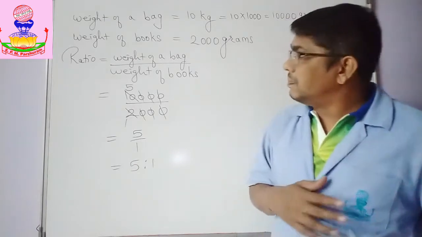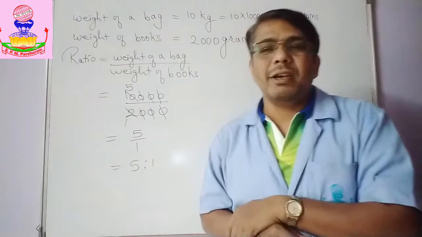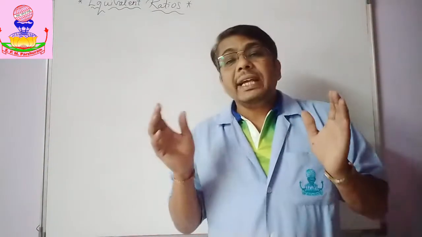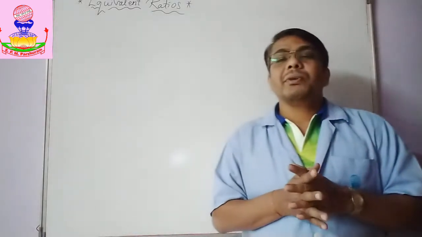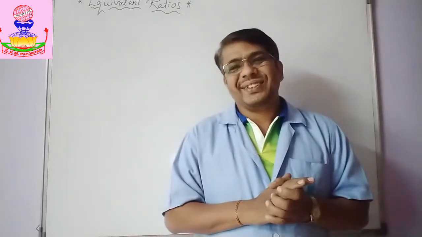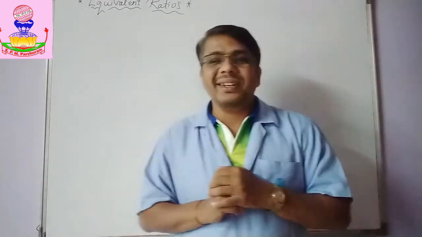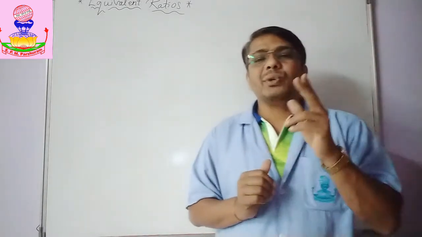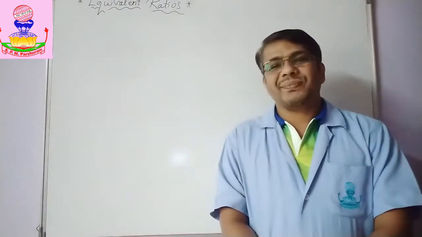Okay, now let's move further to equivalent ratios. We can compare two different ratios and we can find out whether they are equivalent or not. If the two different ratios are equal, then we say that the two ratios are equivalent ratios. Now how to do that?